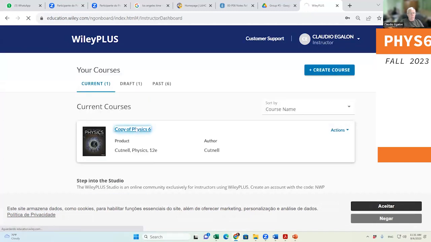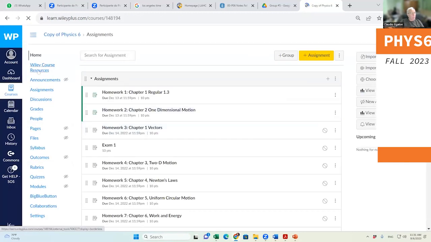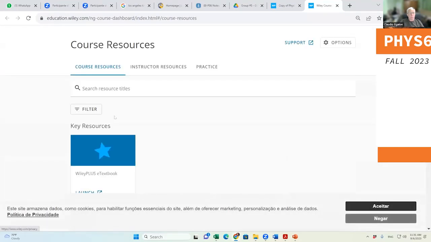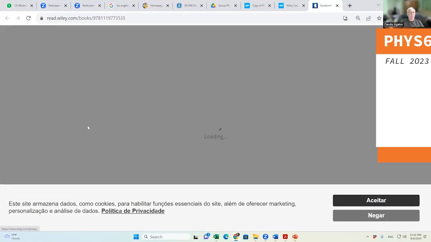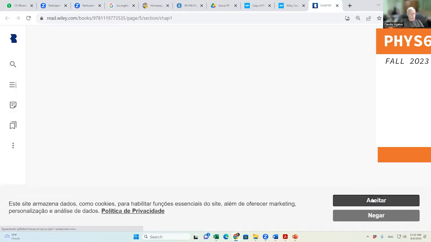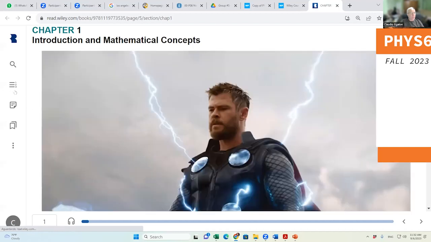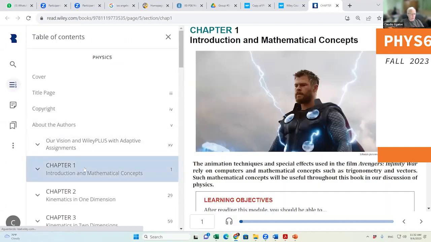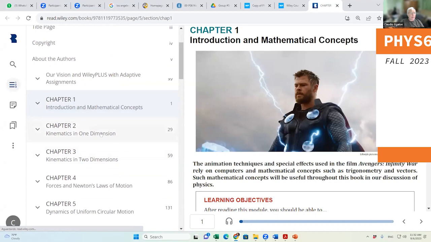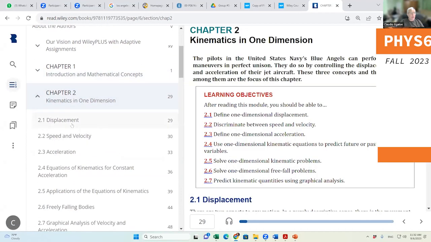I have here Wiley resources. Launch. Right in here, introduction to mathematics, kinematics of one dimension, displacement.